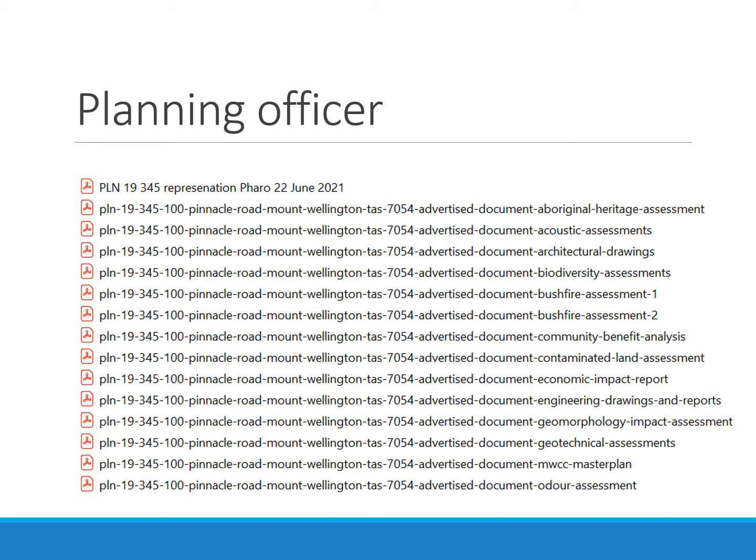Aboriginal heritage, noise, biodiversity, fire. There's of course the social side, community benefit analysis, but a lot of this focuses on reports about the physical environment, contaminated land, geotechnical, odour. Couldn't fit them all in, a lot.